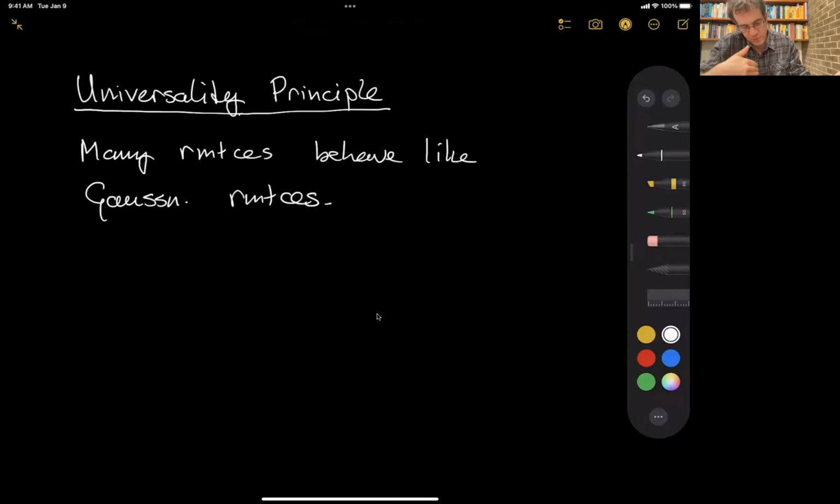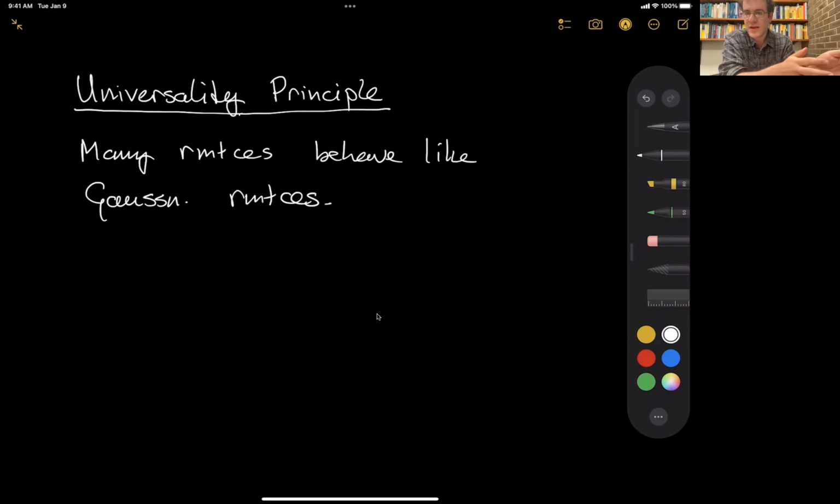But the viewpoint I'm promoting here is to not try to do it this way. Don't try to reprove the things that you prove for Gaussian random matrices for non-Gaussian random matrices. Rather, let's just try to show that the behavior of a non-Gaussian random matrix is like a Gaussian random matrix without trying to understand how the Gaussian random matrix behaves. In principle, those are two separate phenomena, right?